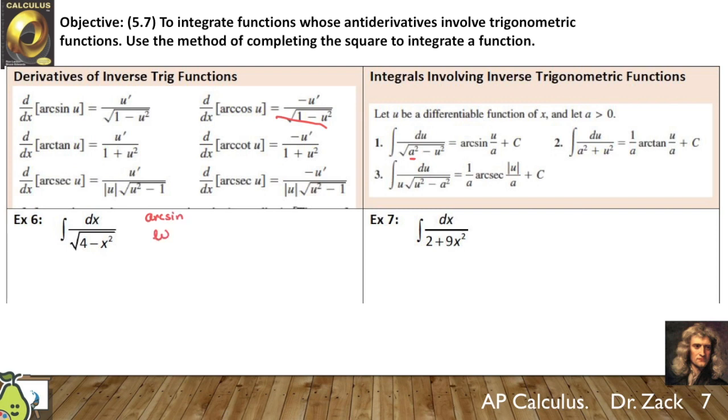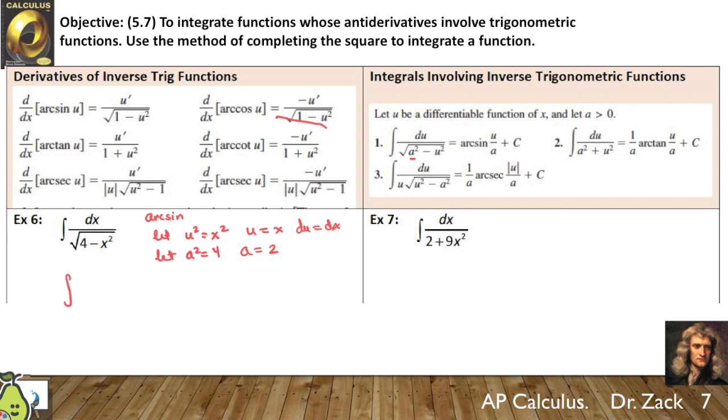If we let u squared equal x squared, and we let a squared equal the 4, let's see what happens. u is equal to x, so du must equal dx. If a squared is 4, a must be 2.